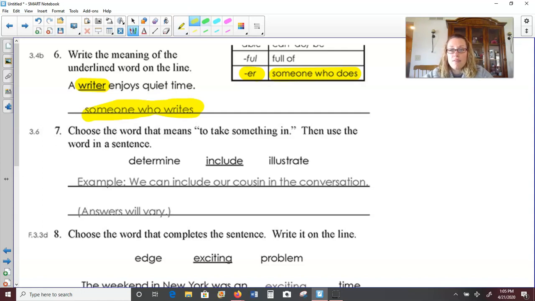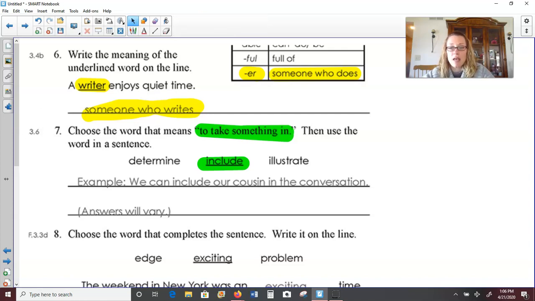Okay, number 7, choose the word that means to take something in. To take something in. Determine, include, or illustrate. Well, we've already used 2 of the words, so include is the last one. When you include someone in a game, it means you're taking them in to play with you. So their sentence said, we can include our cousin in the conversation.